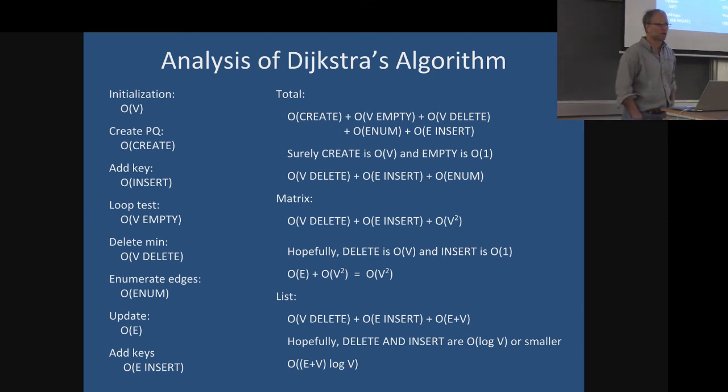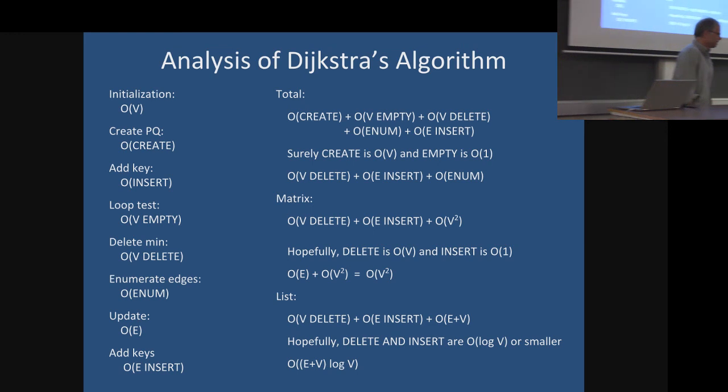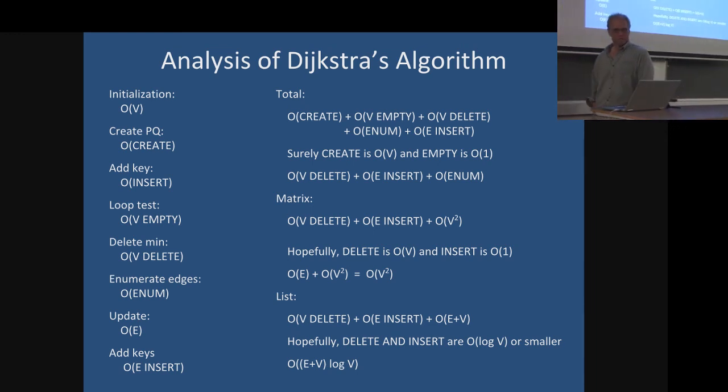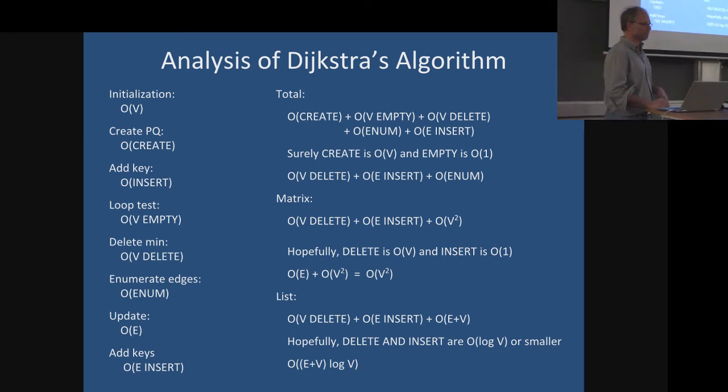What I'm talking about here is a comparison-based priority queue. Just like you can have non-comparison-based sorting algorithms that are faster than n log n, you could build a non-comparison-based priority queue. We'll just stick with comparison-based.